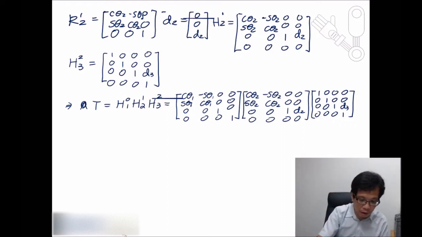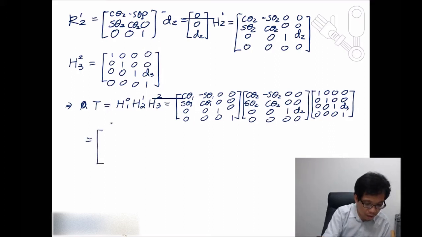There will be, let me put it over here, cosine theta 1, cosine theta 2, sine theta 1, cosine theta 2, negative sine theta 2, and 0.